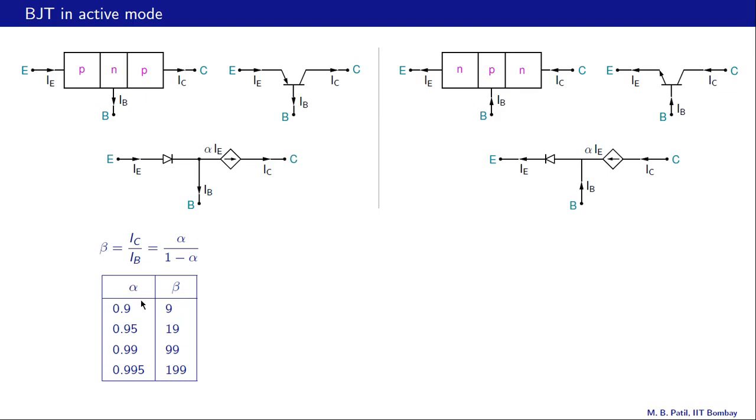When alpha is closer to 1, say 0.95, beta increases to 19. Still closer to 1, beta increases further. From 0.99, if it becomes 0.995, beta increases even further. So there is a strong relationship between beta and alpha, and beta increases substantially as alpha approaches 1.